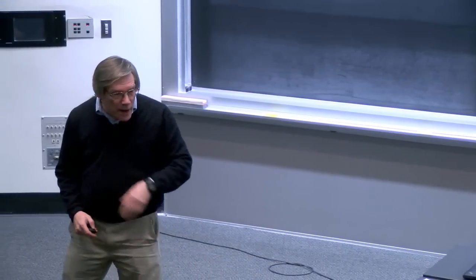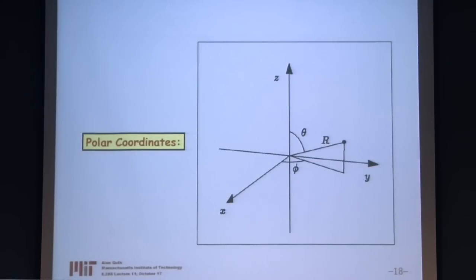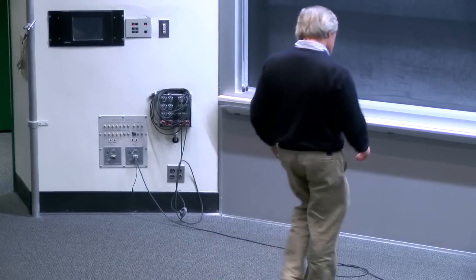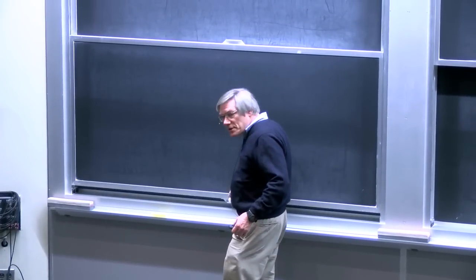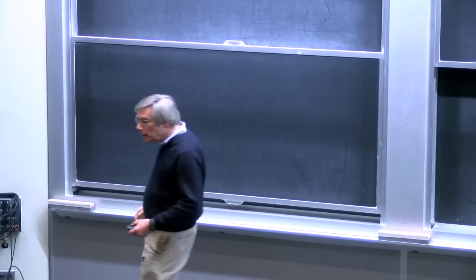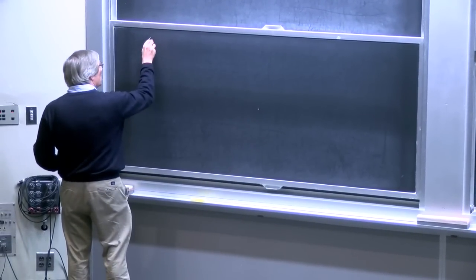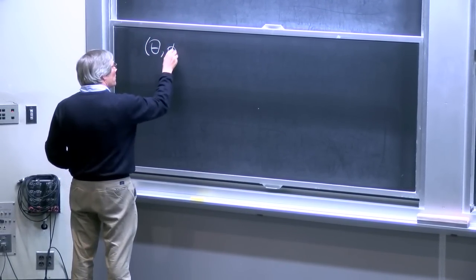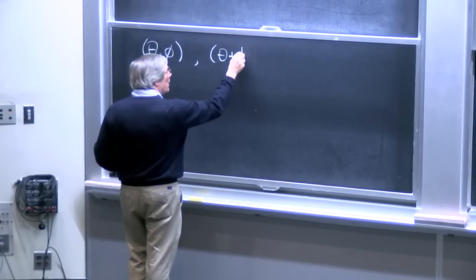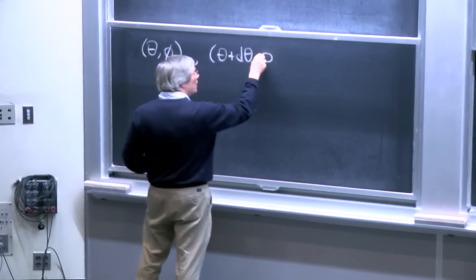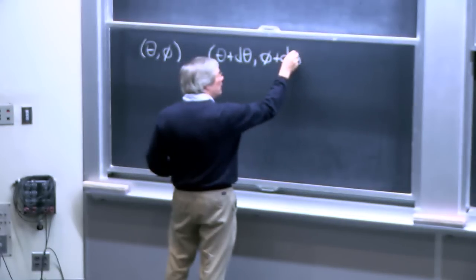OK, to describe the distance function, what we want to imagine is 2 infinitesimally nearby points, one described by coordinates theta and phi, and one described by theta plus d theta and phi plus d phi.